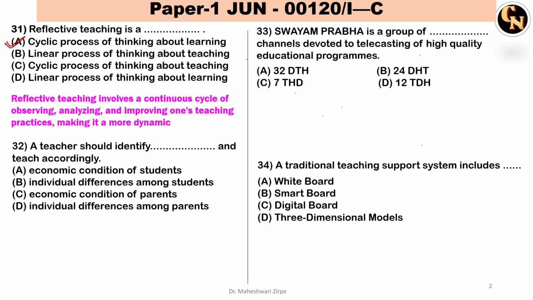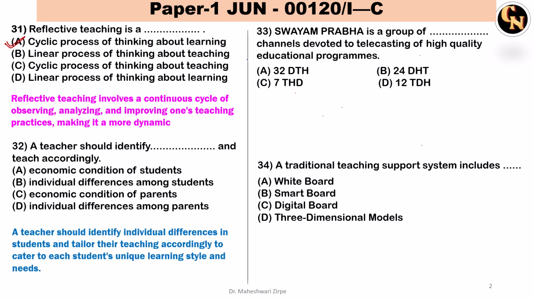Question number 32 says that a teacher should identify dash and teach accordingly. So here you will find that the teacher should actually find the differences among the students. Individual differences among the students. Option B is the correct option.